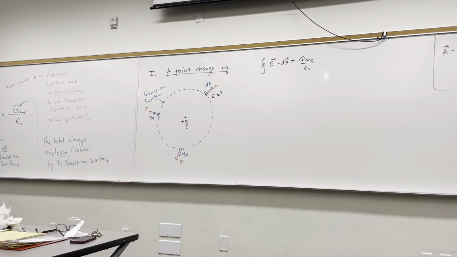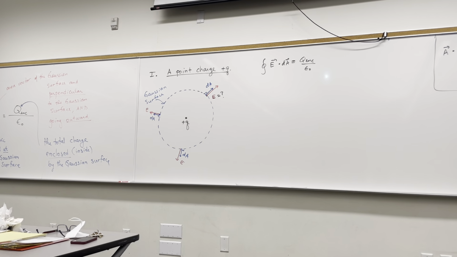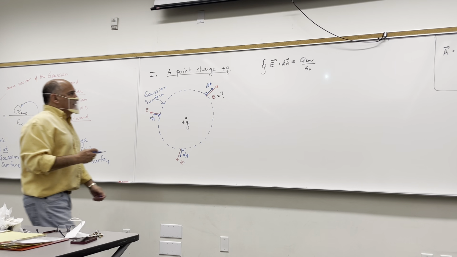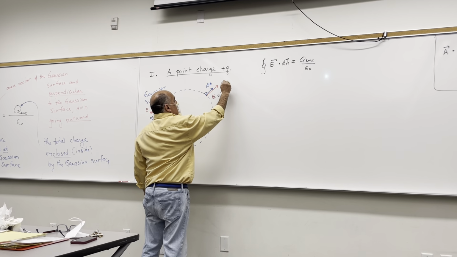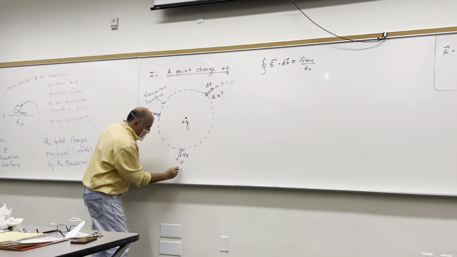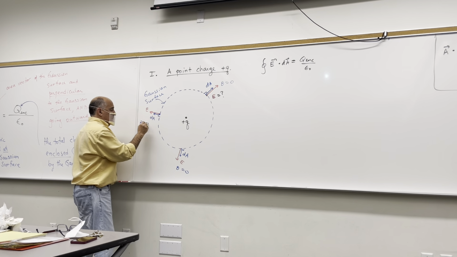What do you notice about the angle between the electric field at the Gaussian surface and the area vector? It's 0, so it'll just be the magnitude of E times the magnitude of A. Here it's 0, here it's 0, and here it's 0.